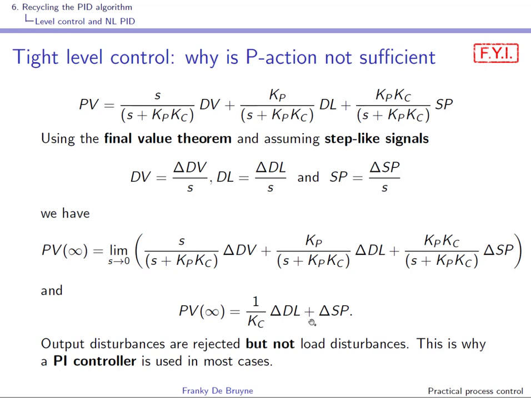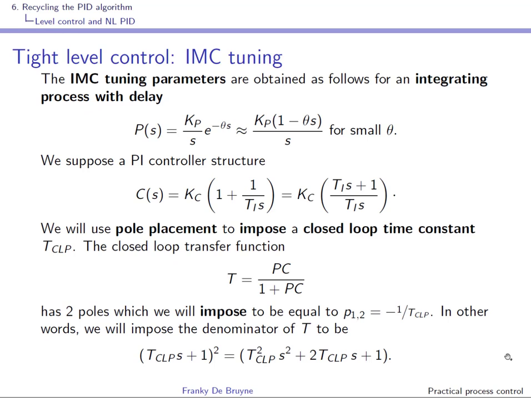You can follow a change in set point, so it's okay for tracking, but you cannot reject load disturbances. So this is why for level control not a P controller is used but a PI controller. Of course, you shouldn't add too much integral action to prevent oscillations. What we'll do here is derive the IMC PID tuning rules for an integrating process with delay.